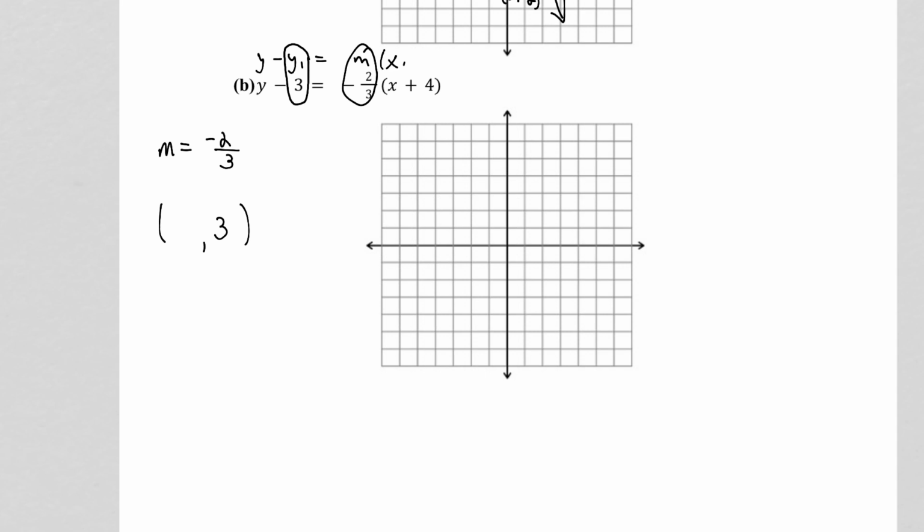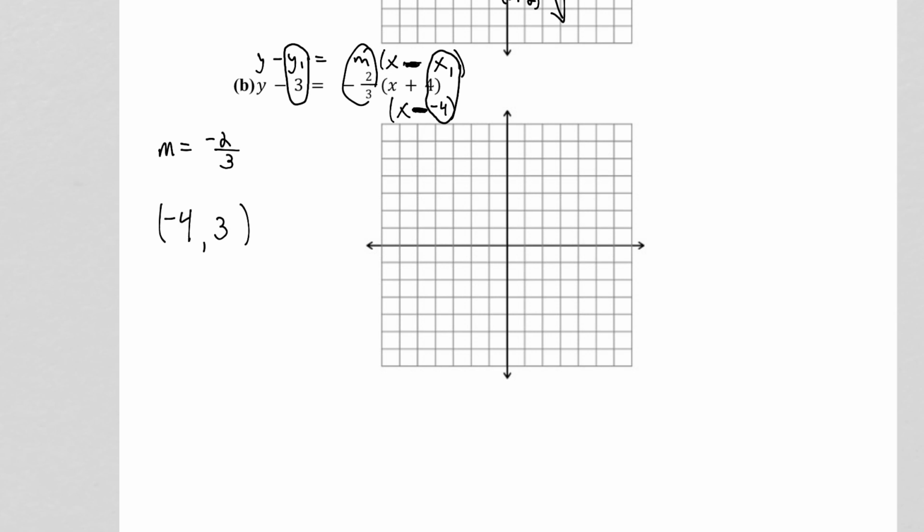Okay, so I could rewrite my equation as x minus negative 4. And now I have a minus sign which matches point-slope form. So my x-coordinate is actually negative 4.